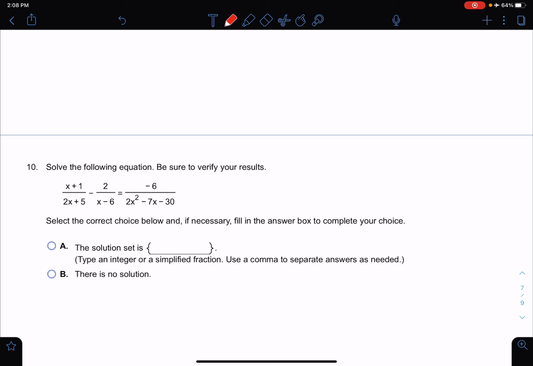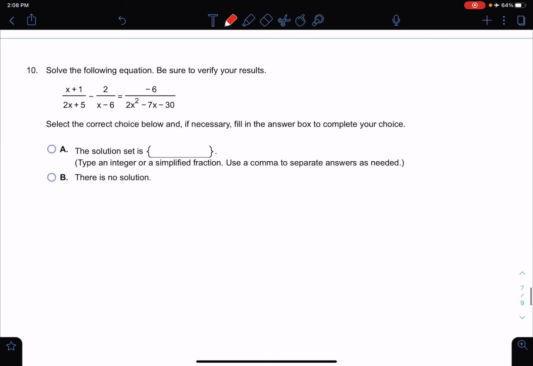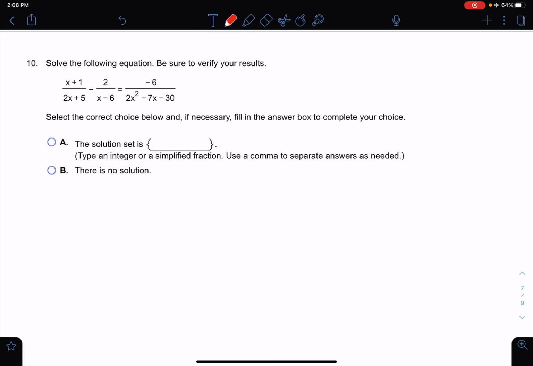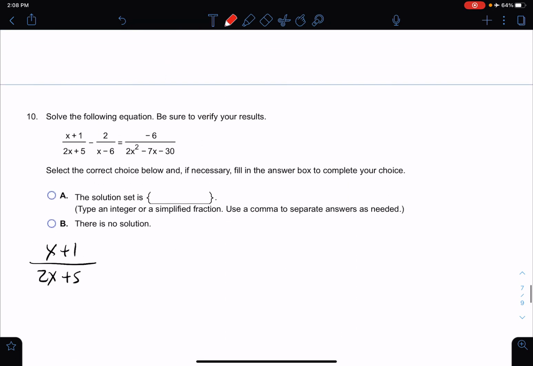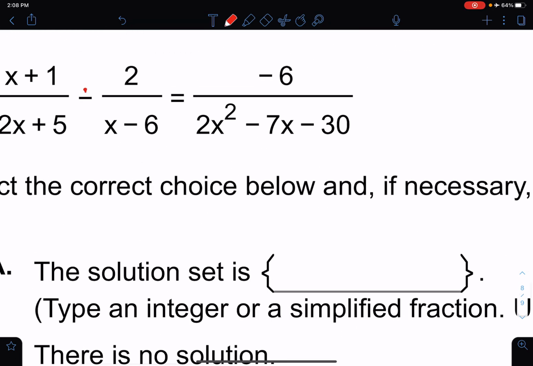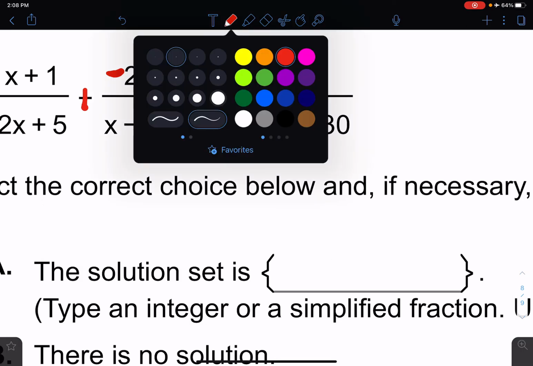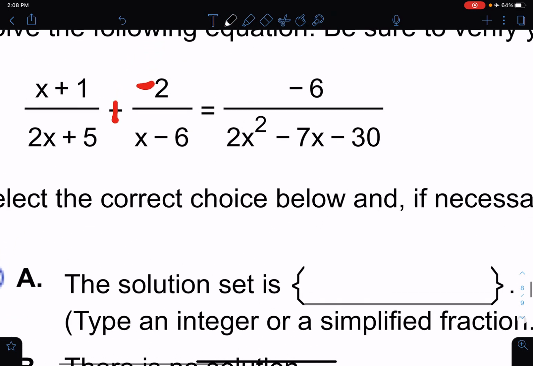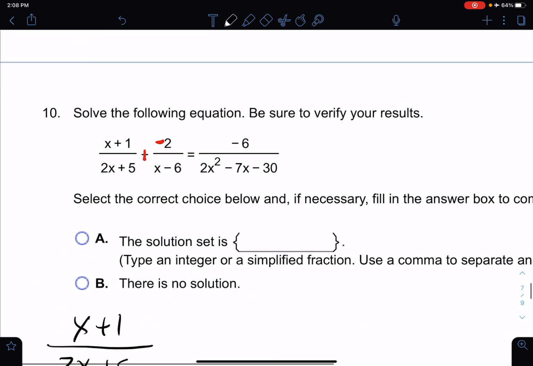So the final problem, we go ahead once again, rewrite this to have some space to operate. This is going to be x plus 1 over 2x plus 5. Now, like I said, I like to do this because it's so easy to lose that negative. So I like to do that. And usually that's helpful, so we're going to do it.